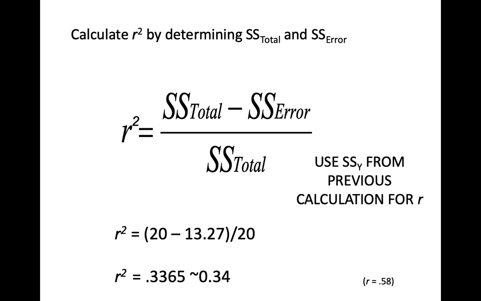Then we take the deviations or errors from that regression line, square those errors, and get a sum of squared errors. Then we can evaluate the regression line in comparison to the mean and say what proportion we are reducing our error in prediction by. All right, and that is it.